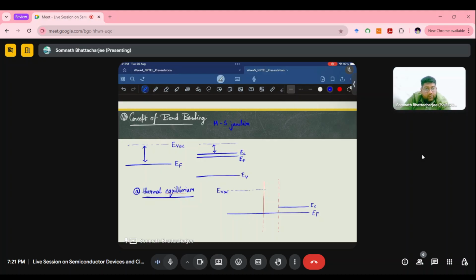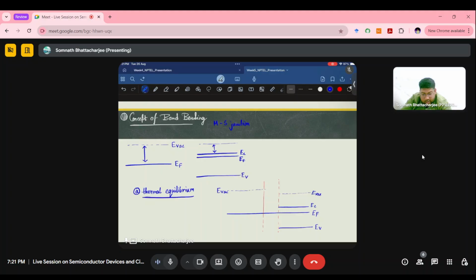We also know that the difference between the EC and EV, the conduction band and the valence band, is fixed. So we can draw the EV, and based on that, we can also draw the vacuum level.